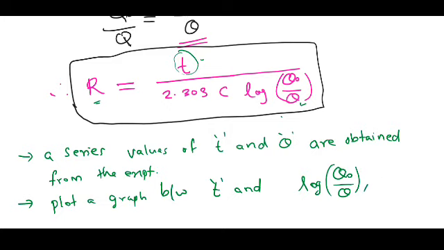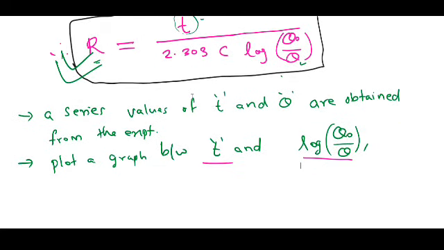If you write this expression for R, this will give you a straight line. That is, the graph of t versus log theta 0 by theta gives a straight line.